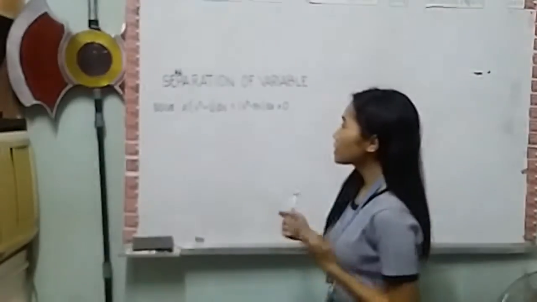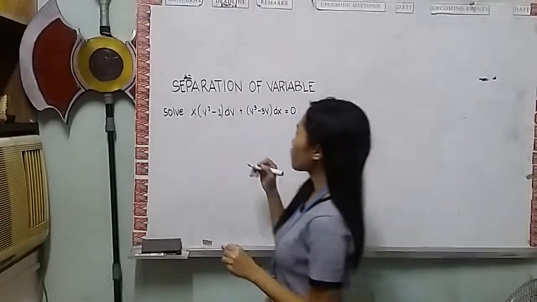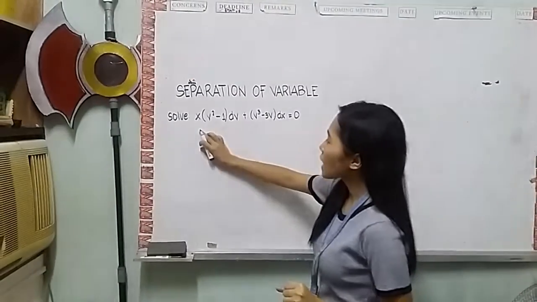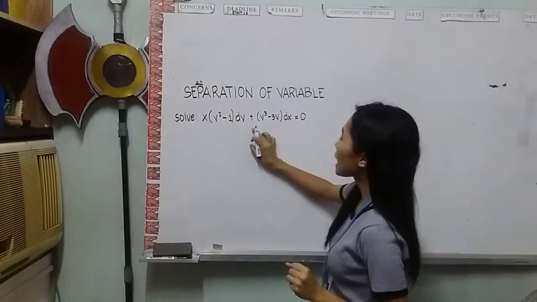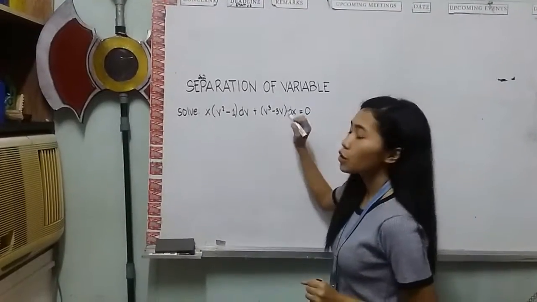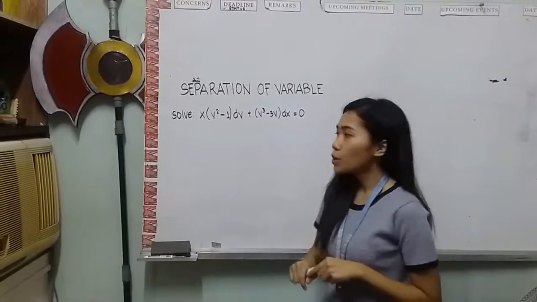Hello everyone. Today we are going to discuss separation of variables. Today we have the equation x times the quantity v squared minus 1 dv plus the quantity v cubed minus 3v times dx equals 0.